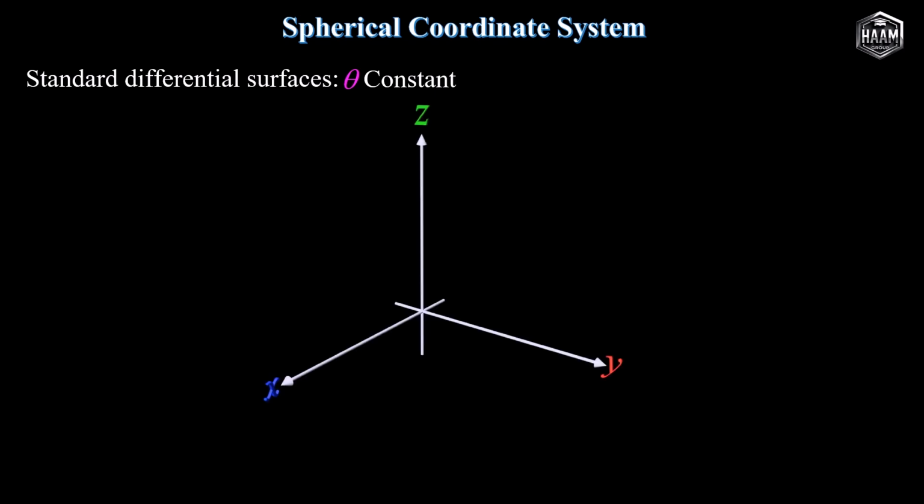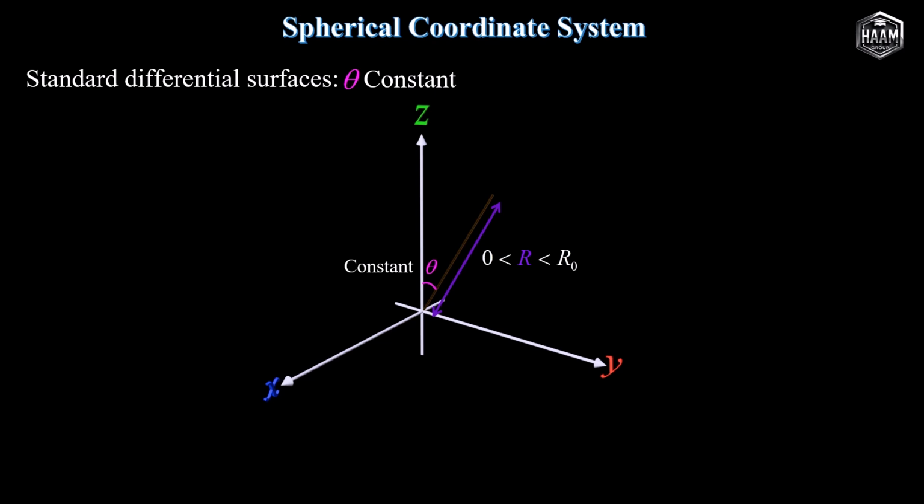Consider a point at the origin and introduce a change in capital R. A line results with capital R ranging, for example, from 0 to a fixed value such as capital R sub 0. But theta remains fixed for all points on this line.